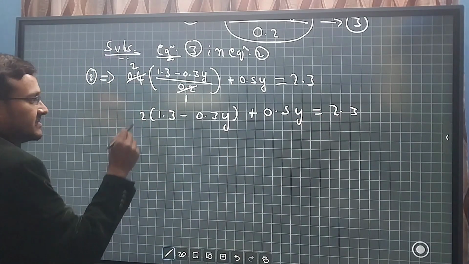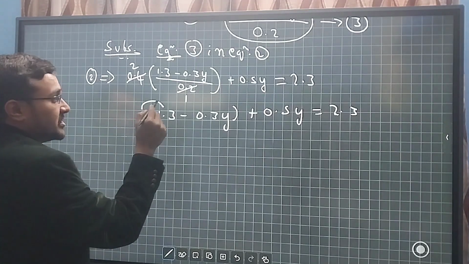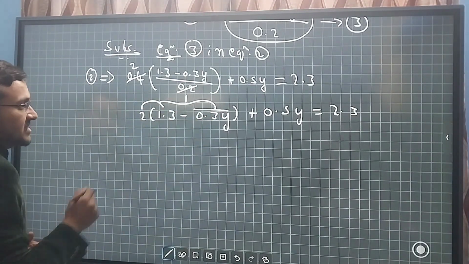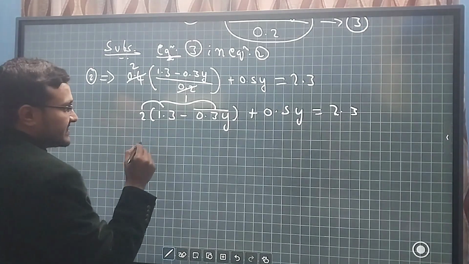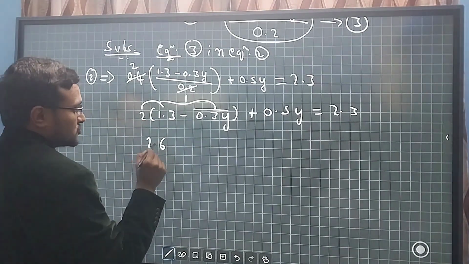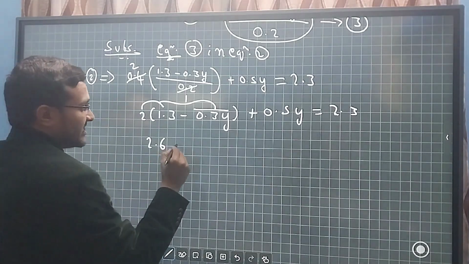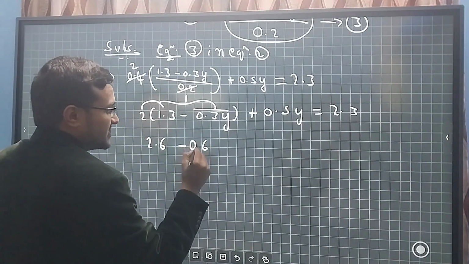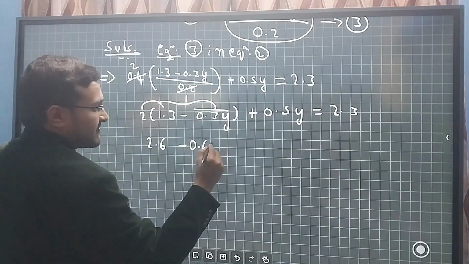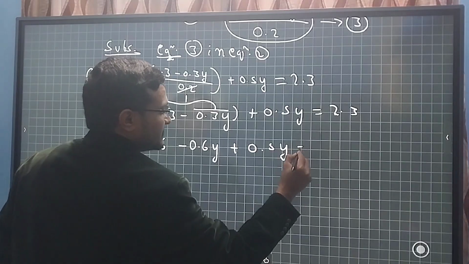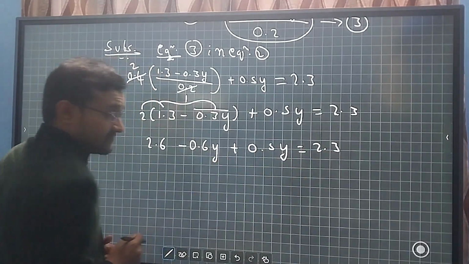Now this 2 you have to multiply to 1.3 and this 2 you should also multiply to 0.3y. So 2 into 1.3 will give you 2.6, minus 3 twos are 6, 2 zeros are 0, so 0.6y, plus 0.5y is equal to 2.3.